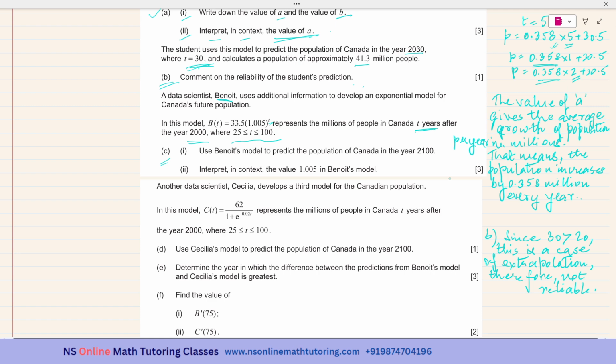Part C is again having two further parts. Part I: use Benoit's model to predict the population of Canada in the year 2100. So the t value is 100, okay? Because it is 100 years after 2000.